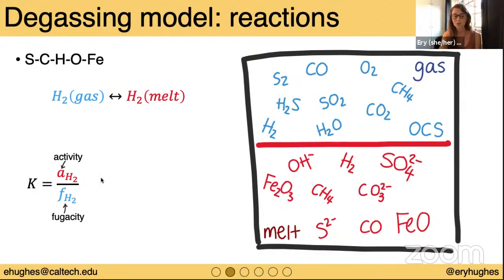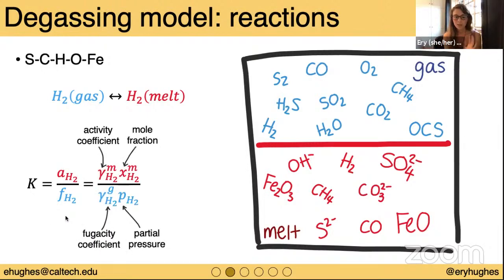And K is equal to the activity of hydrogen in the melt divided by the fugacity of hydrogen in the gas phase. We can expand out these activity and fugacity terms, and we can say that the activity of hydrogen in the melt is the activity coefficient, so gamma m, times the mole fraction of hydrogen in the melt.